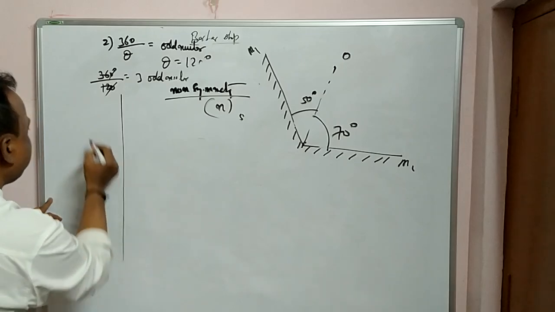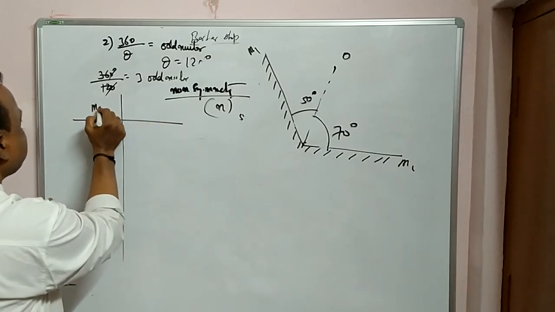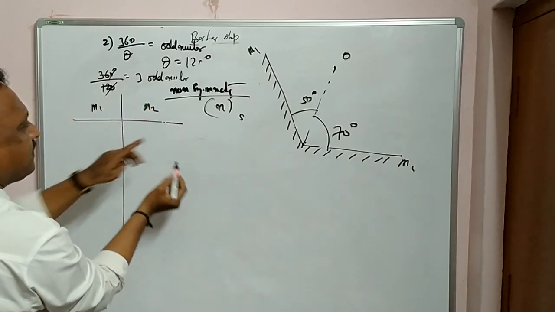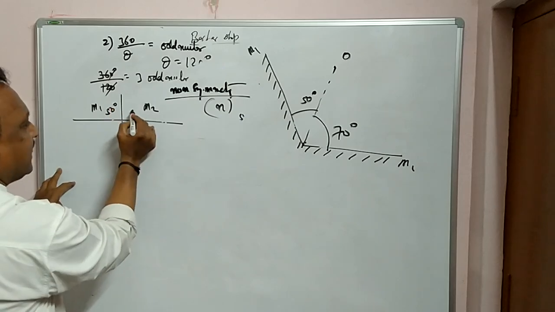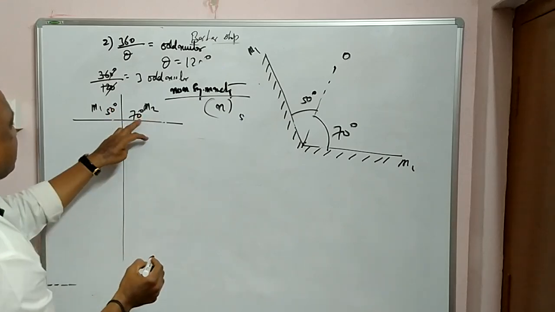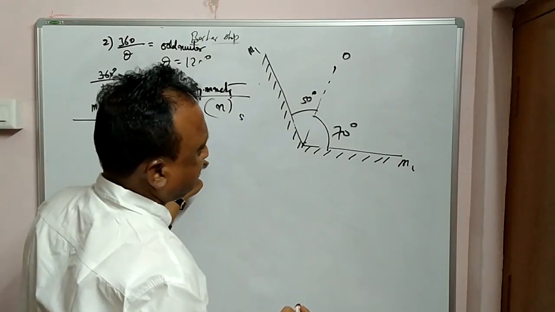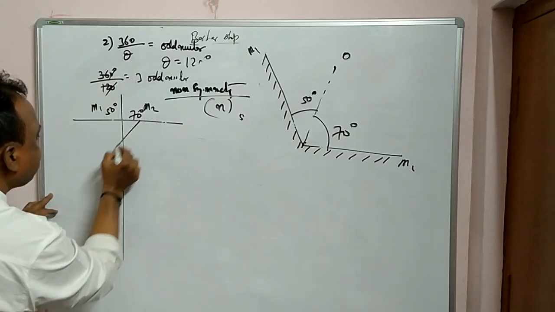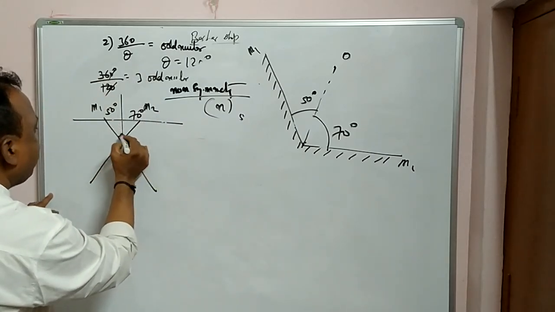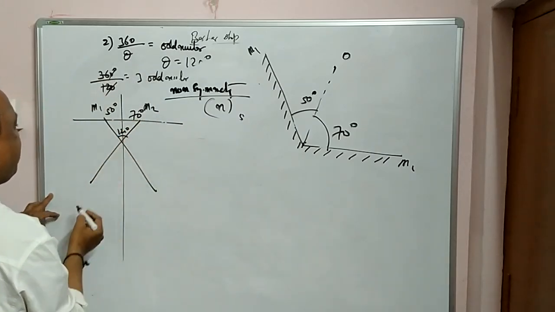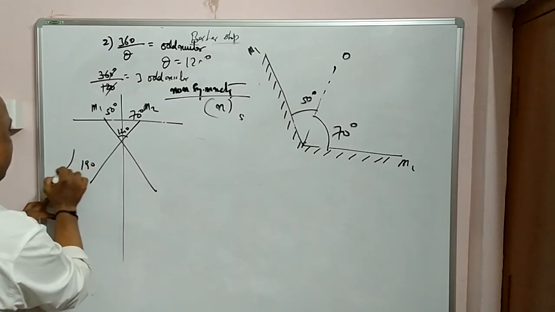See, I am taking here once again the same formula, crisscross, M1, M2. From the first mirror 50 degrees, the other 70, because 70 plus 50 is 120. Now crisscross, the angle between them is 120. 120 plus 70 is 190, don't take it.